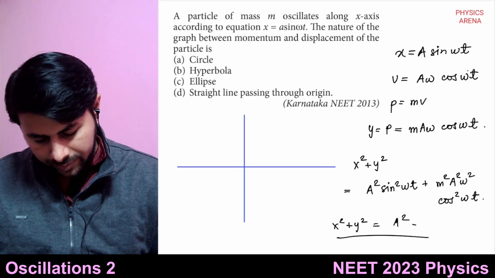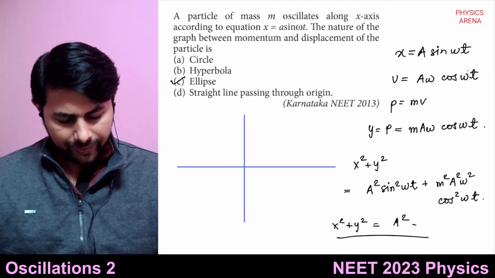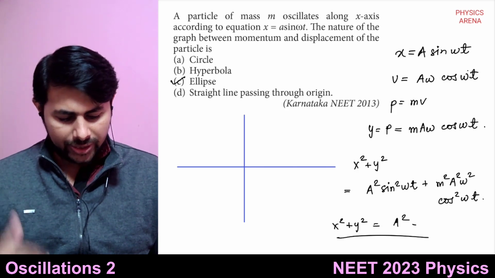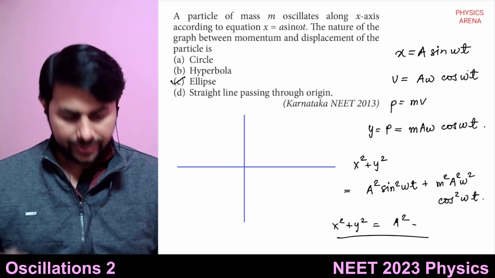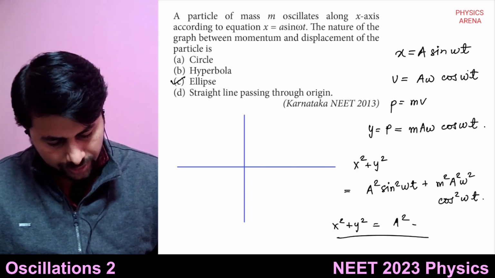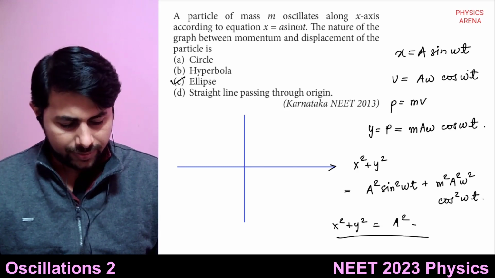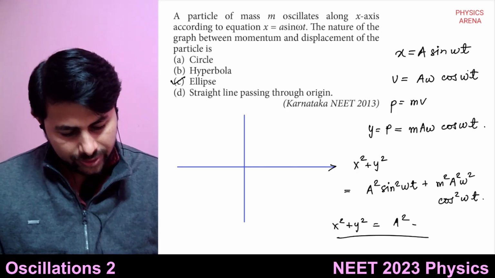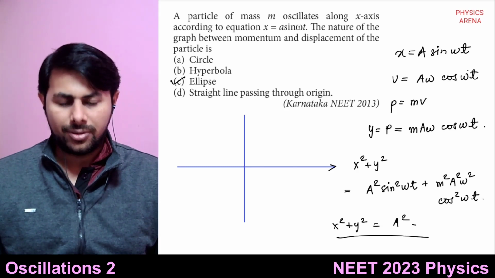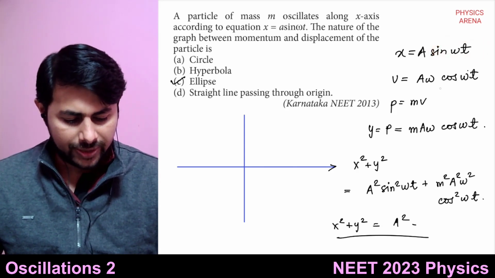So the answer is ellipse. Okay, now let's see how that ellipse looks. On x-axis we are going to plot a sine omega t. So at t equals to 0, x equal to 0, what will be the value of momentum?